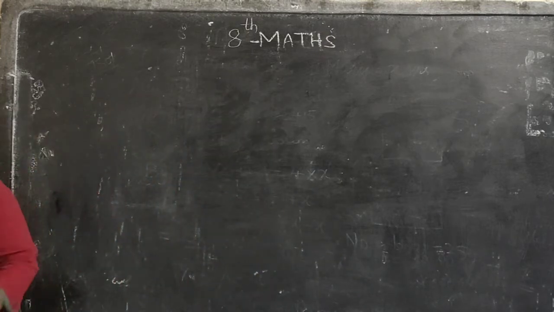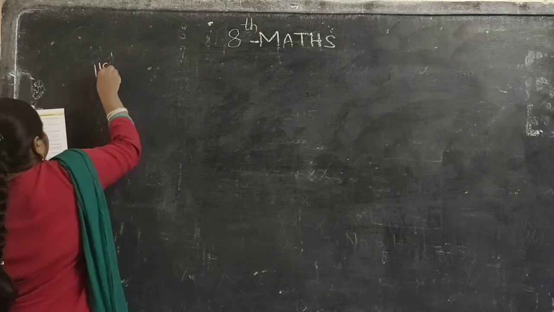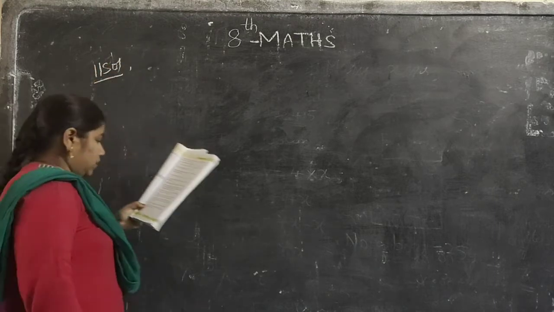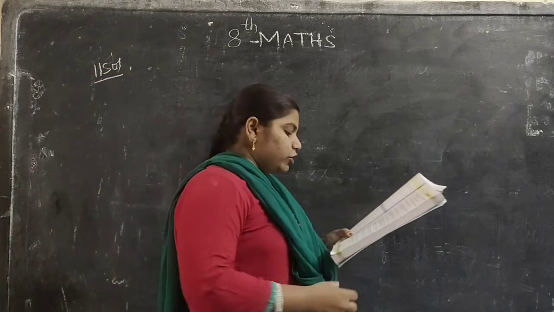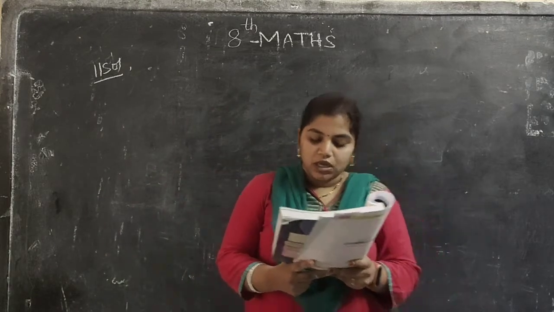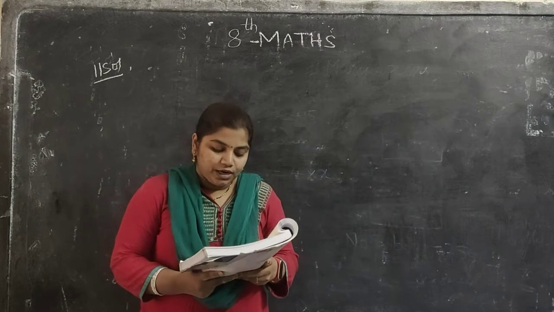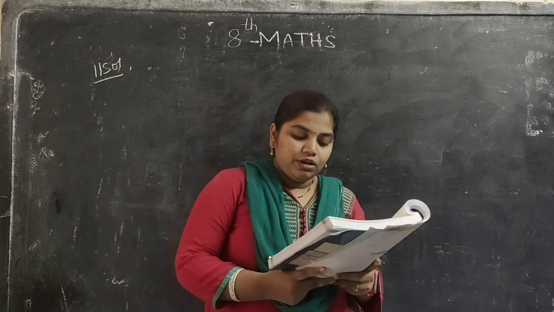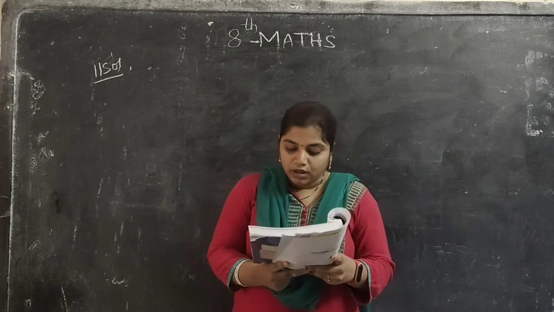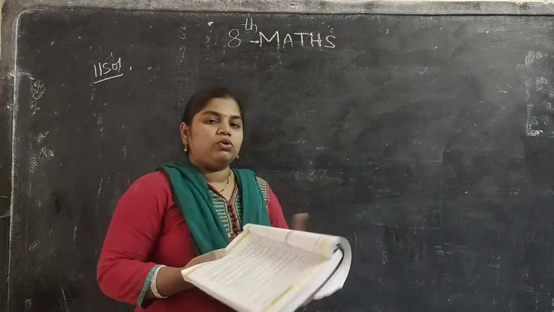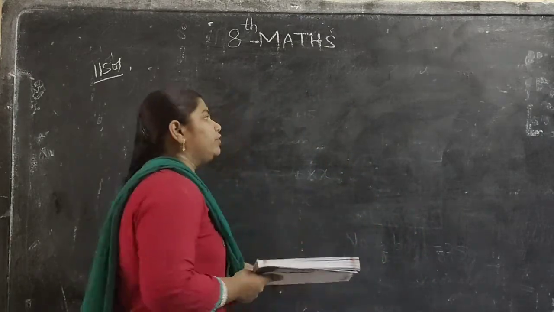Next is 11th solution. So 1/4 of herd of deers has gone to forest. 1/3 of total number is grazing in a field, and remaining 15 are drinking water on the bank of river. Find the total number of deers. So we don't know how many total number of deers are there.